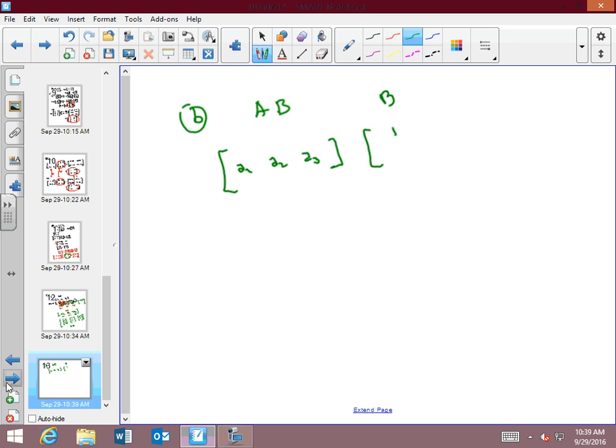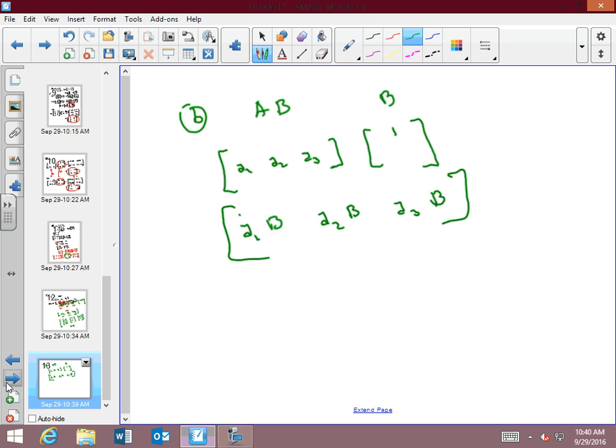This is B. See, it's the column of A. The resulting matrix is that thing, right?